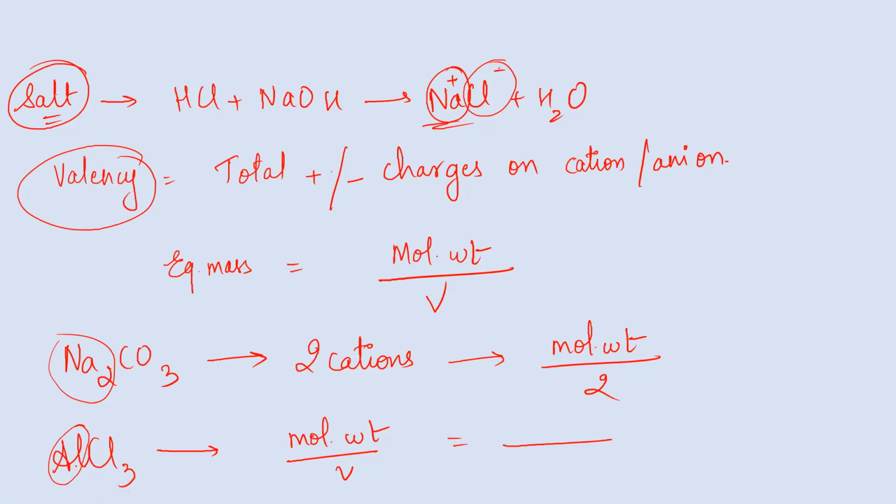Okay, how much of aluminium is there? Only 1, right? So 3 into 1, just 3. What is the molecular weight? Whatever is the molecular weight, you put that molecular weight here and you will get the equivalent mass of aluminium chloride.